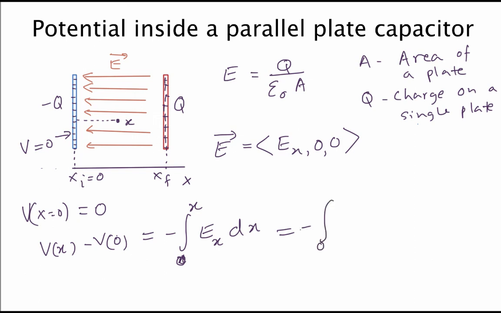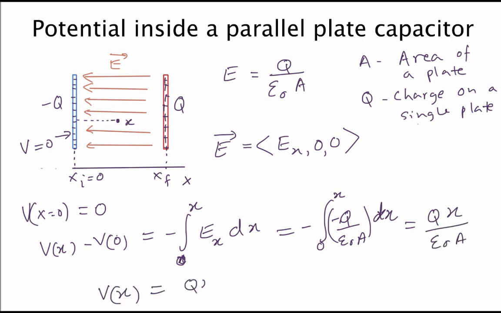That gives us minus the integral from 0 to x of, instead of E_x, Q divided by epsilon naught A with the minus sign, which is a constant, times dx. So it is simply Q x divided by epsilon naught A, or it is E x as we know.